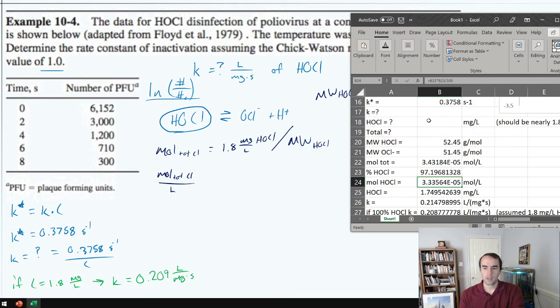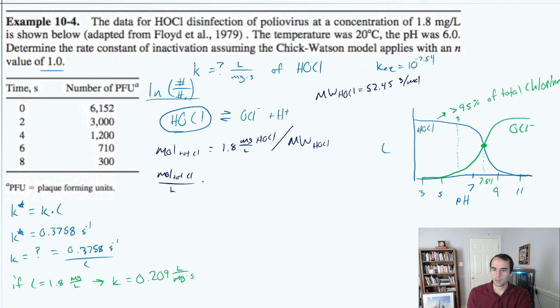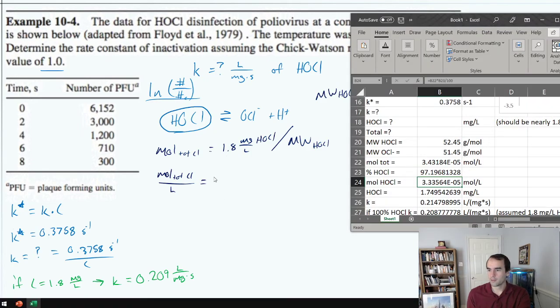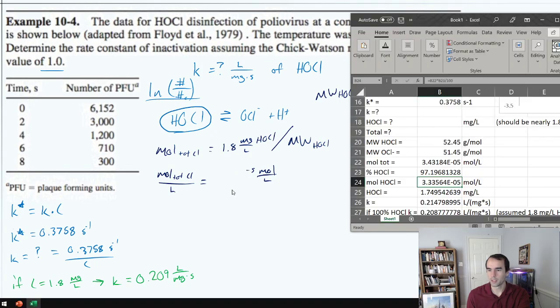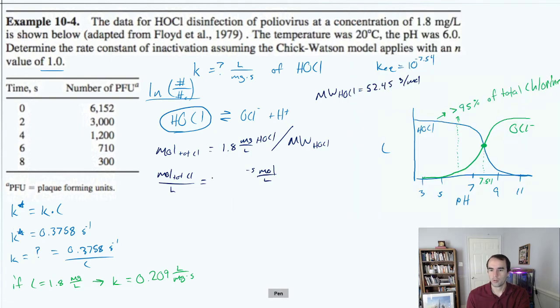From there, we convert to, let me go ahead and write that out. The total was 3.43 times 10 to the minus fifth moles per liter.